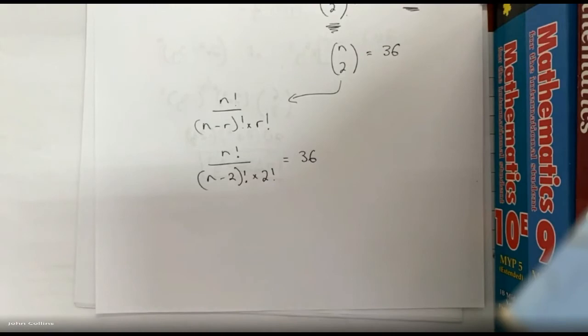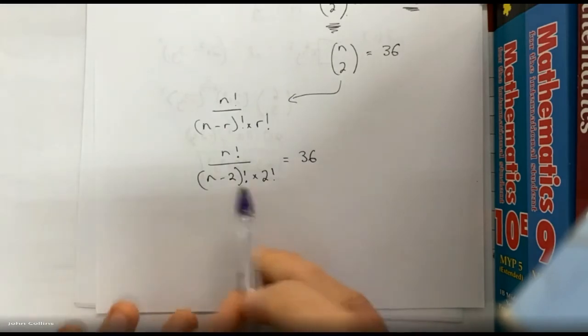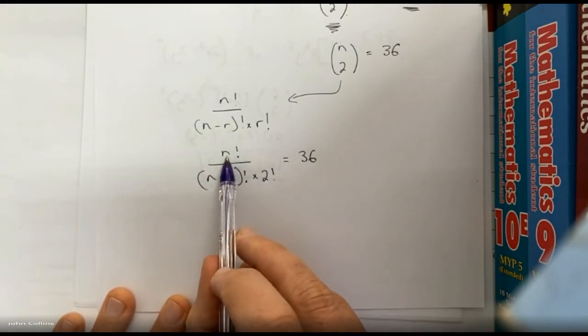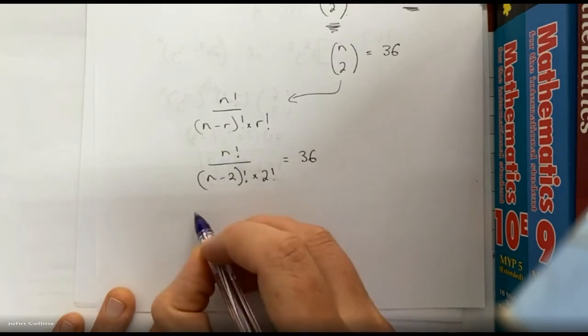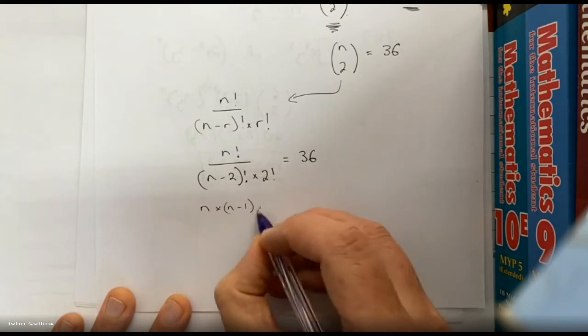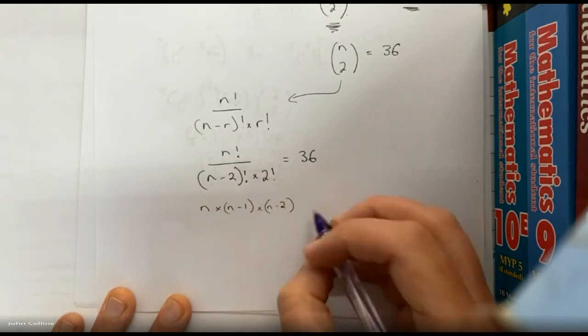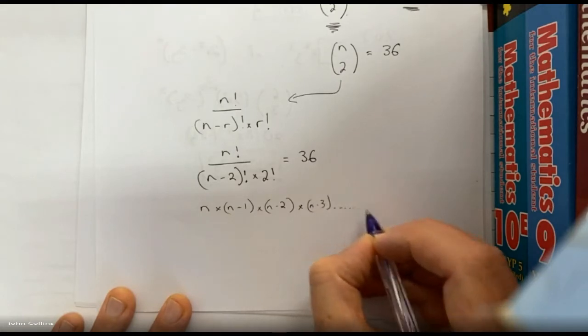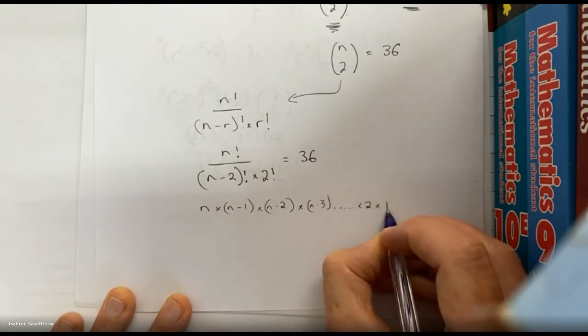Now this is very similar to those factorials we were trying to simplify last week. Let's simplify this factorial as much as I possibly can. n factorial is, remember, n times (n minus 1) times (n minus 2) times (n minus 3) all the way down until we get to 2, until we get to 1.